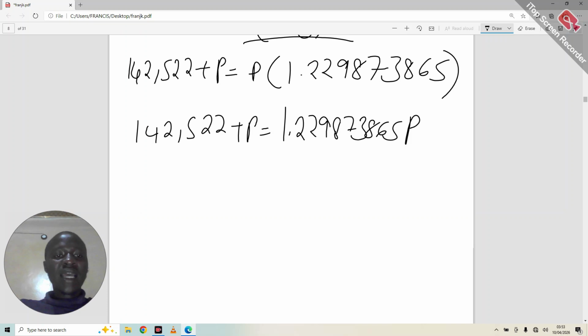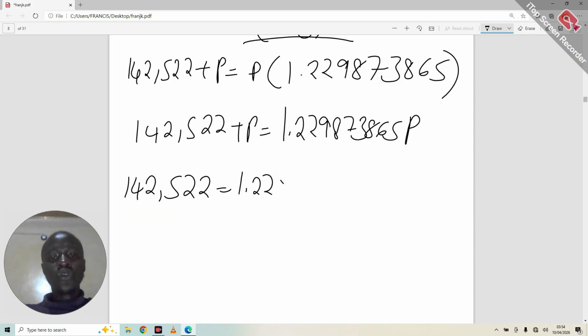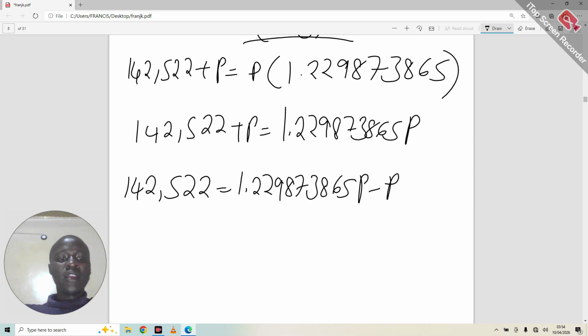So collecting like terms, we shall have 142,522 equal to 1.229873865p minus p. Then we shall have 142,522 equals to that minus that. We have what, guys?